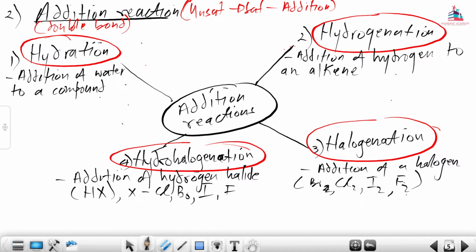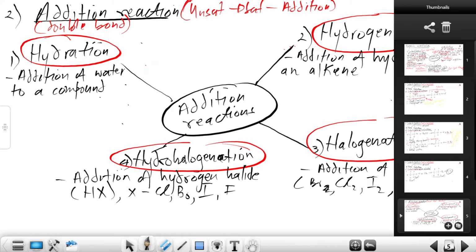So these are different types of addition reactions. So we are going to go into detail and explain each and every one of them, and how best you will be able to know and see what conditions you need for that.